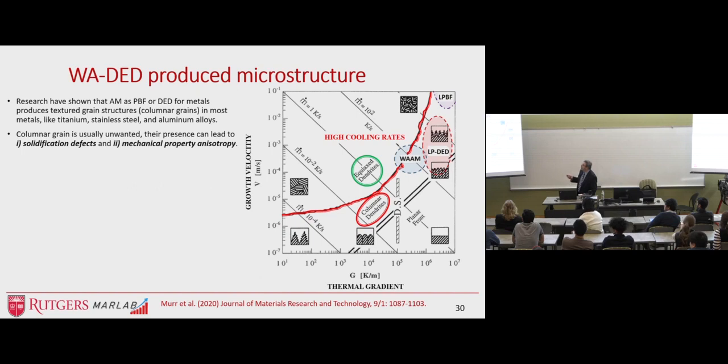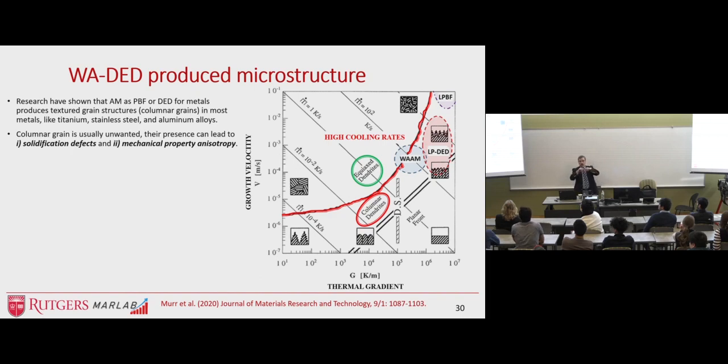But in the case of metal additive manufacturing, laser powder bed fusion, laser powder directed energy deposition, or wire arc additive manufacturing, you are at the boundary. So you may end up with columnar dendrites. In that case, huge mechanical anisotropy.